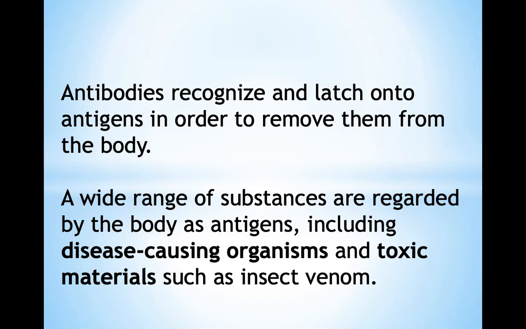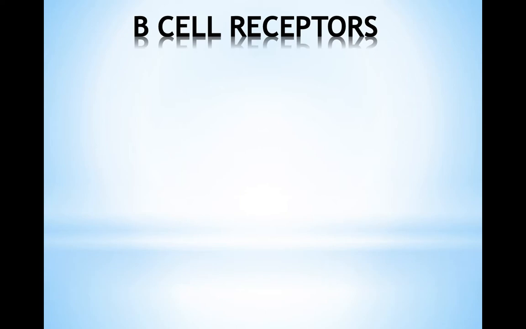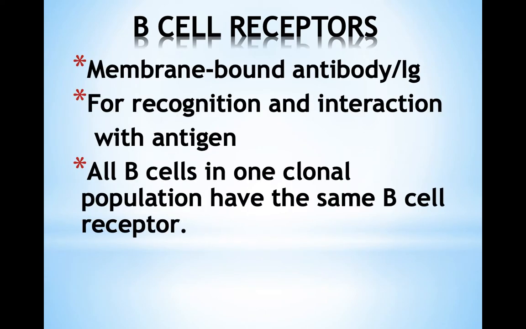There are also other antigens such as toxic materials, toxins such as insect venom. We discussed antibodies, aside from the circulating ones that we expect to actively bind to antigens. We also discussed antibodies that are membrane-bound and do not contribute to the circulating titer, the circulating concentration of antibodies in our blood.